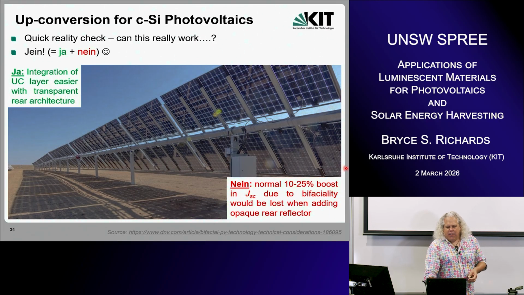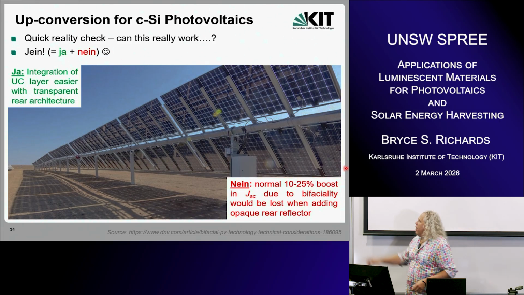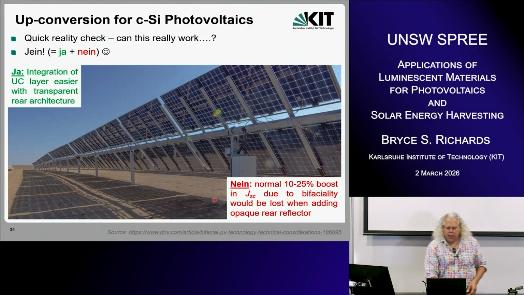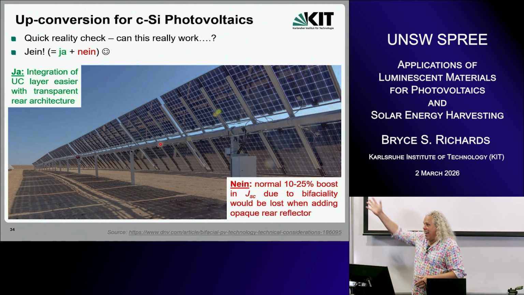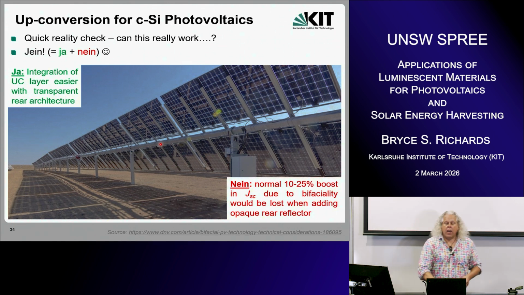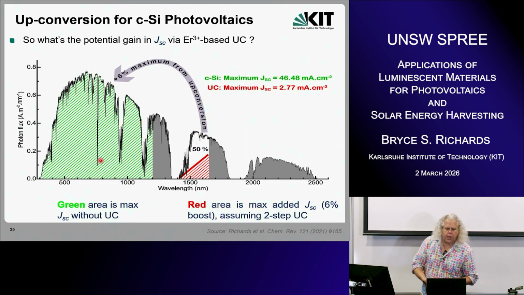And the nein side of it is, due to the albedo of the ground, if you've got this array here, you're getting probably somewhere between 10%, maybe even up to 25% reflectance off the ground, and you are going to be harvesting those photons in that scenario that I've shown there. Of course, if I start putting layers and reflectors on the rear, I'm not going to harvest those anymore. My device is now opaque at the rear. So that's kind of the catch. That's kind of the benchmark here.